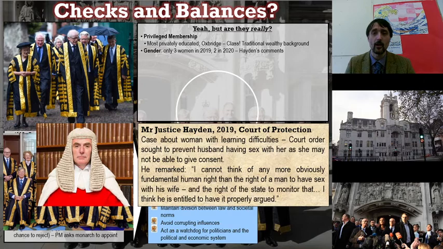This was a case involving a woman who'd been married for 20 years, but a progressively more debilitating learning difficulty meant that she was deteriorating in her ability to make her own decisions. The court heard a case about a court order being sought to basically say she could no longer give her consent to her husband, and therefore to grant a court order preventing him having sex with her because she was unable to give her consent anymore.